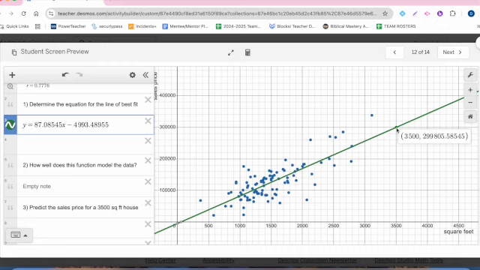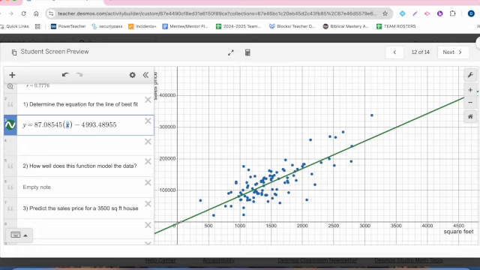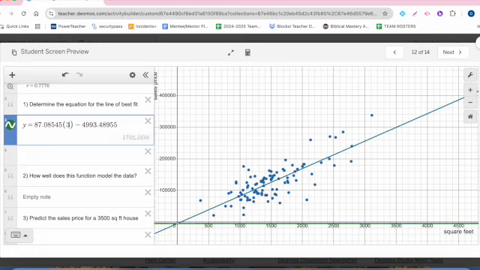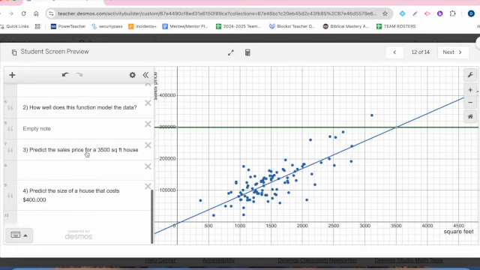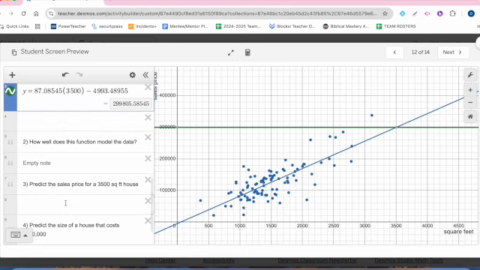And you can see that the predicted sales price would be $299,805, right? The other way you could do that is you could just replace the X value with, remember, X is the square footage. So just replace X with 3,500 and it gives you the same answer, $299,805, right? So we'll put that in there.